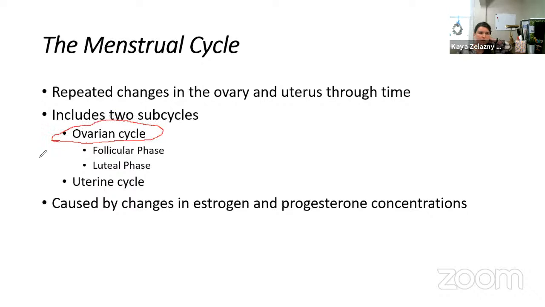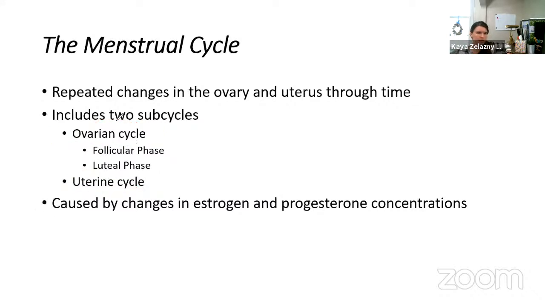We're going to have one set of progressions and changes in the ovaries themselves related to these oocytes and follicles. We're going to have a different series of changes going on in the uterus. So we can focus on the menstrual cycle on either of these organs, depending on what we're interested in.